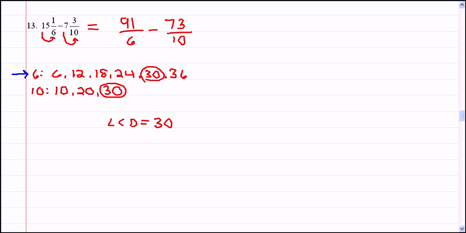And on 6's list, 30 is the 5th number, so I multiply the numerator and denominator by 5. And on 10's list, 30 is the 3rd number, so I multiply the numerator and denominator by 3.